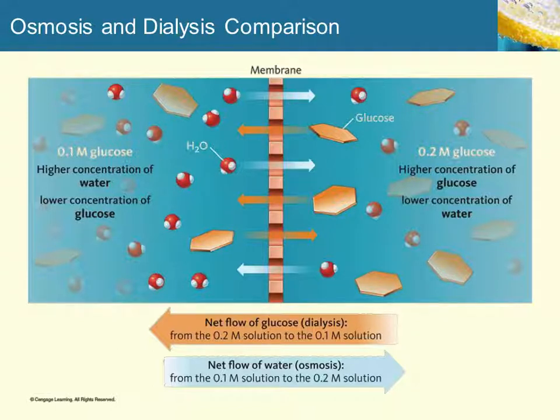So water will osmosize from the 0.1 molar to the 0.2 molar. And the glucose will dialysize from the 0.2 molar to the 0.1 molar, because there is higher glucose on the right than on the left. So remember, that's going to go from high to low. The water is going to go from low to high.